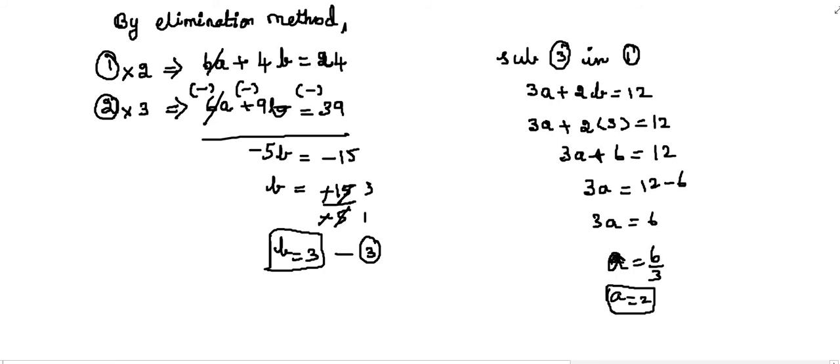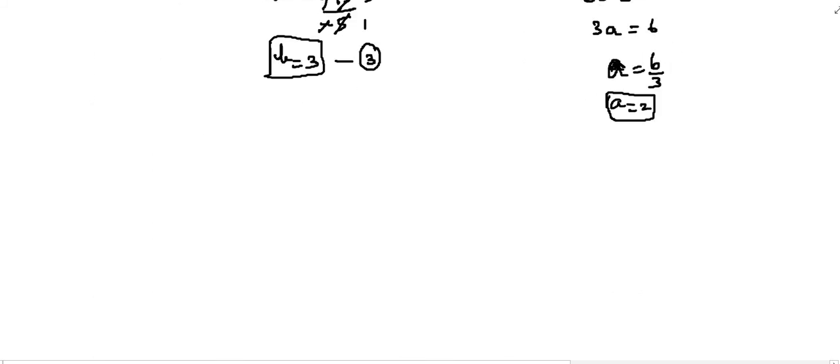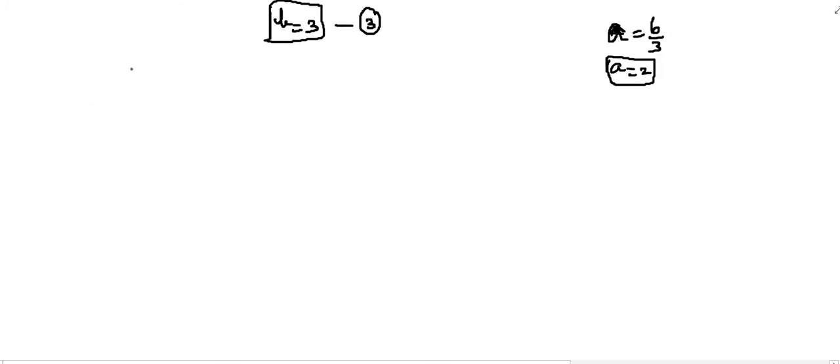Actually, we have to find the values of x and y. So I have found here a and b. What I have taken actually, 1 by x is equal to a. So 1 by x is equal to, what is the value of a? 2. So I'll get 1 by 2 is equal to x.